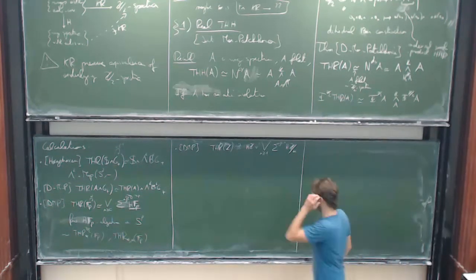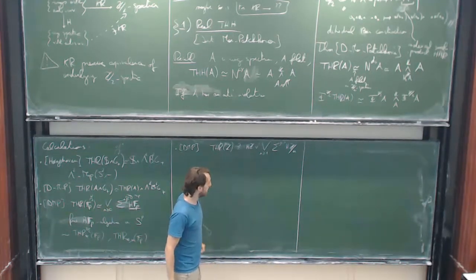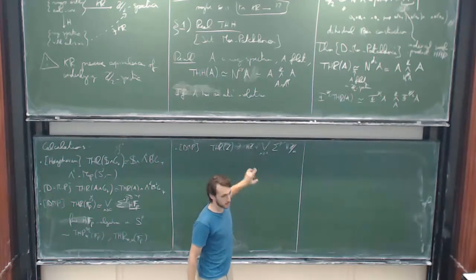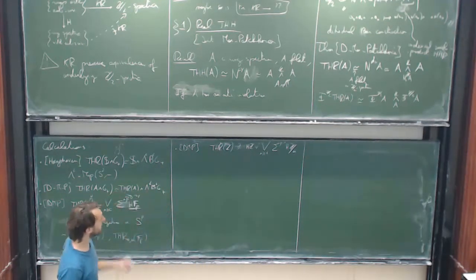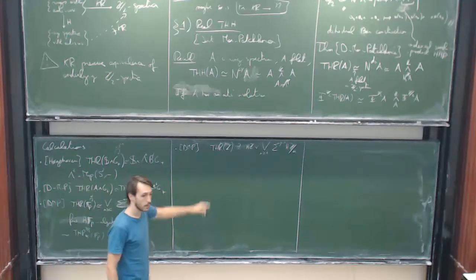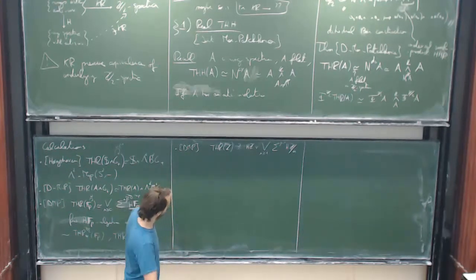So this is the right underlying homotopy type, and we can calculate the geometric fixed points agree as well. Now it's hard to build a map because this thing is not free anymore as a Z algebra, so we don't know what to do.